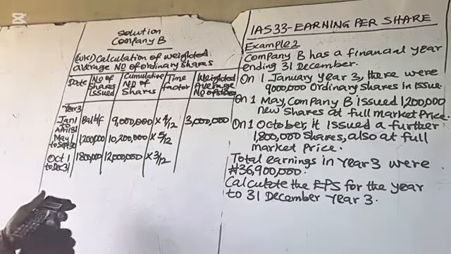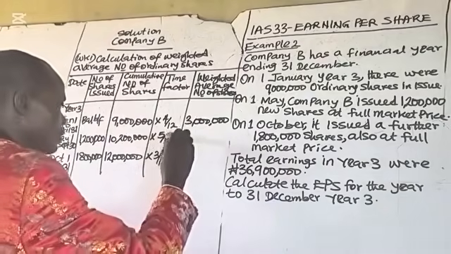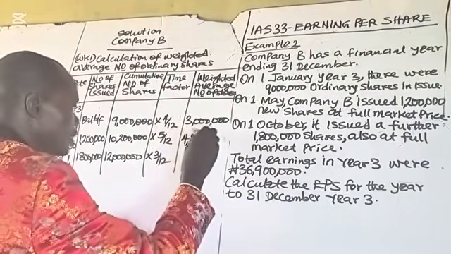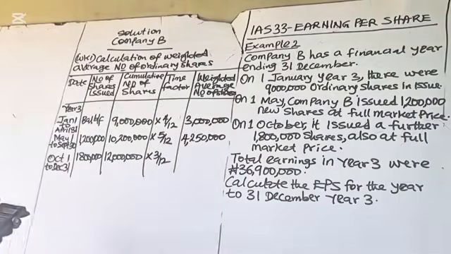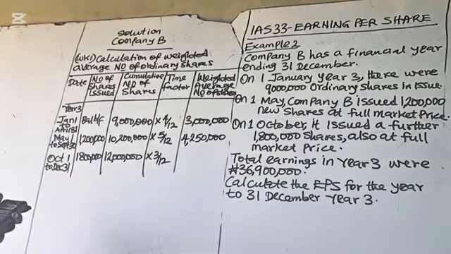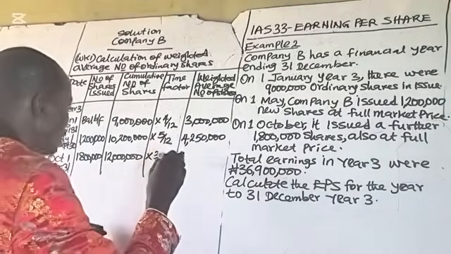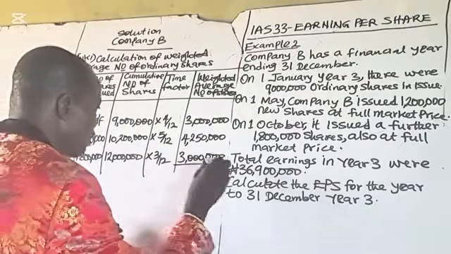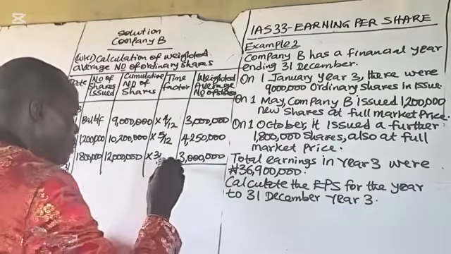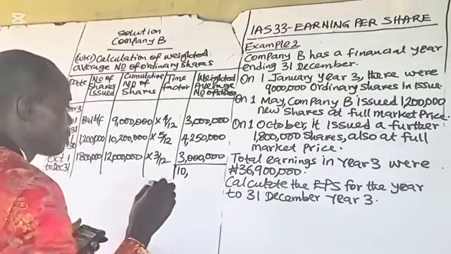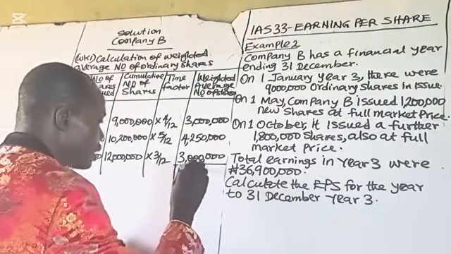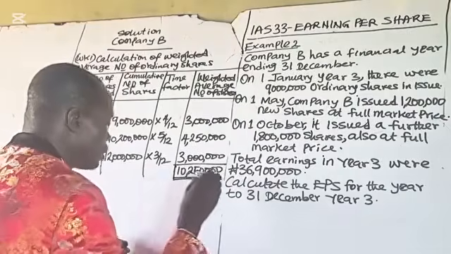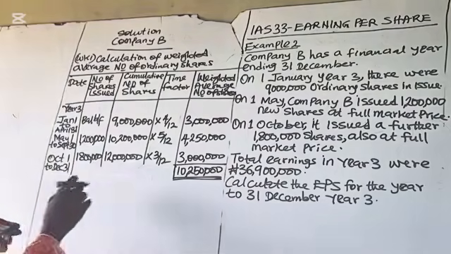That gives us 4,250,000 shares. 12 million times 3 over 12. That gives us 3 million shares. If you sum them up, so you have 10,250,000. That is the weighted average number of shares in issued.